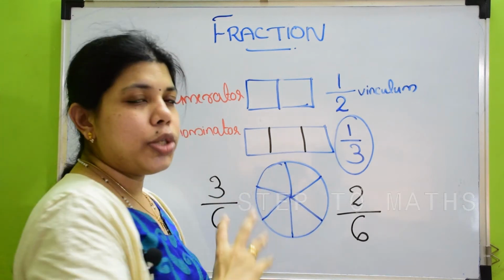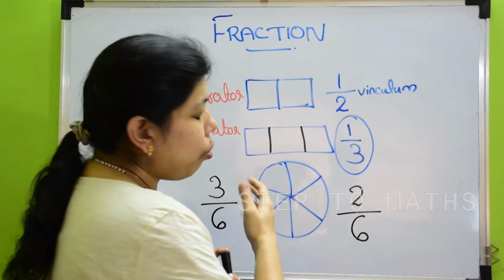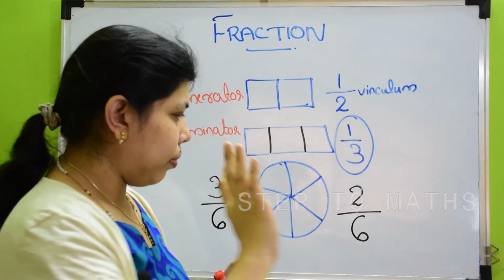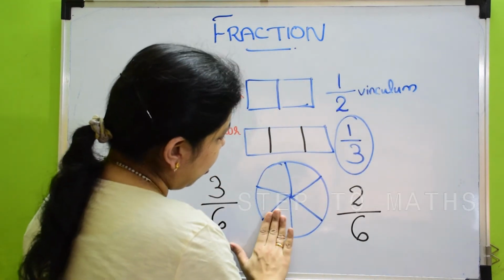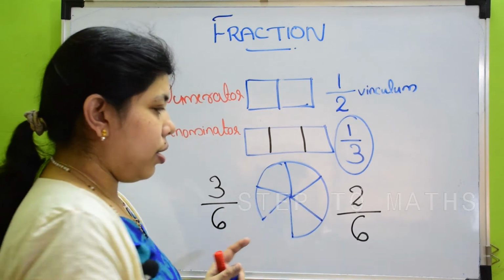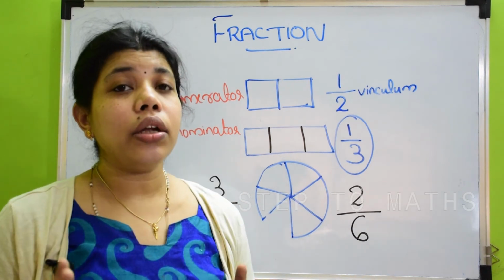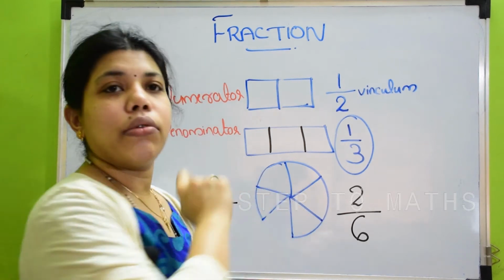Out of these 6 pieces, after cutting that pizza, suppose you already ate 1 piece. Now how many pieces are left? 1, 2, 3, 4, 5.